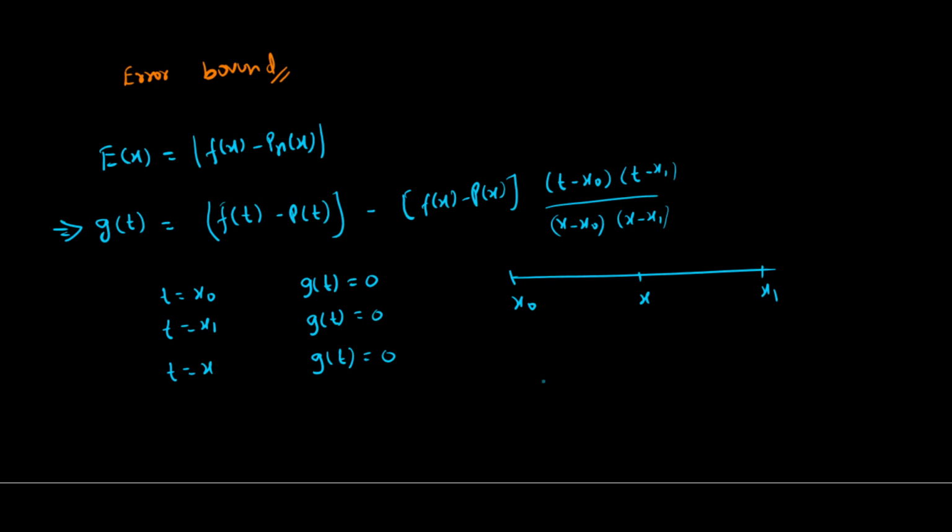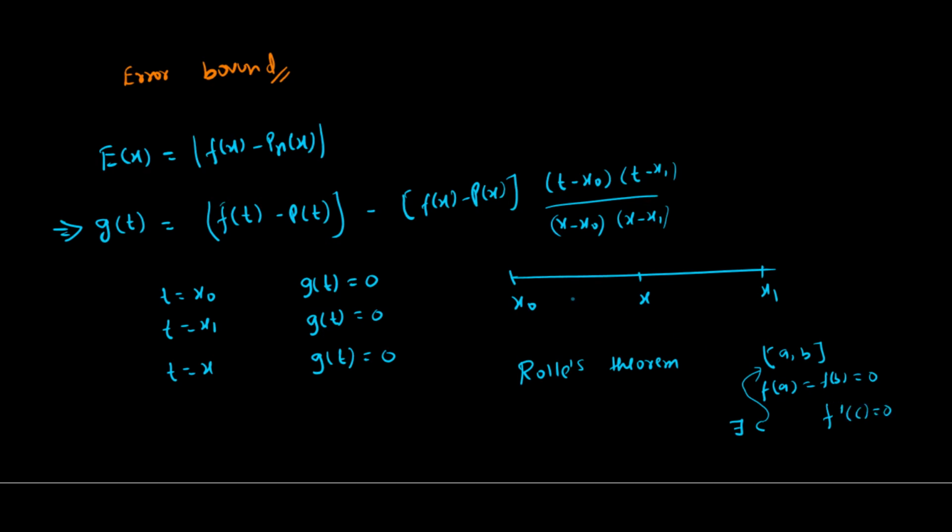And if you remember your class 11th or 12th, you may have read one theorem, that was Rolle's theorem. What it says is, if for two values of x, that is a and b, in this particular interval, f of a is equal to f of b is equal to 0, then there must exist c lying in this interval such that f dash of c is equal to 0.